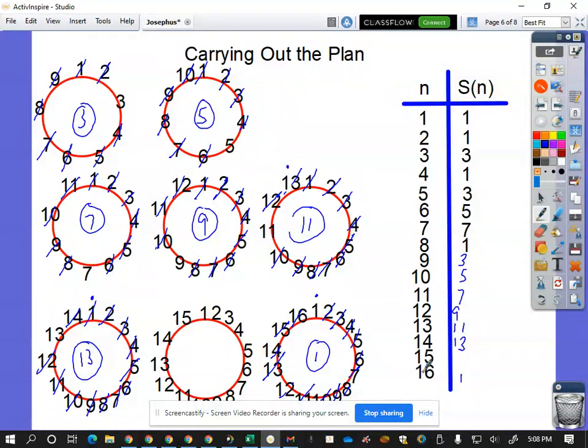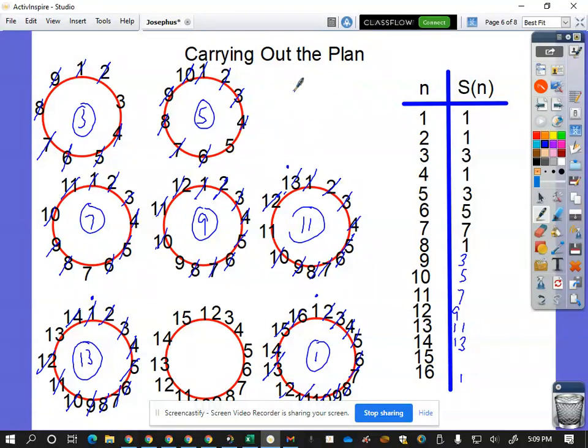Now we should all recognize those as powers of 2. So when we get it down to a power of 2, the first seat will always be the winner of whoever's left. So how do we get it down to a power of 2?